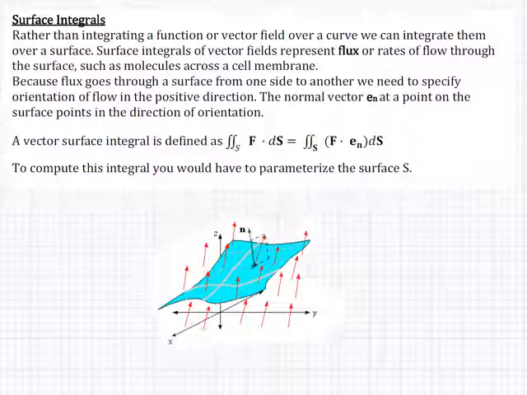We've also talked about line integrals, vector and scalar line integrals, where we integrate a function over a curve or a vector field over a curve. So we've talked about integrating over a bunch of different things: over an interval, over an area, over a volume, and over a curve.